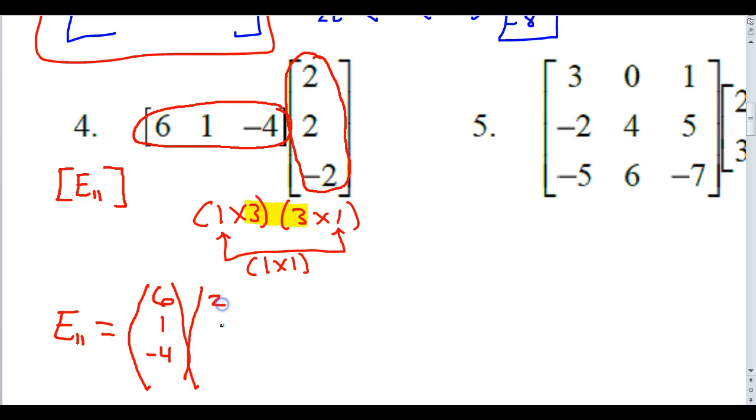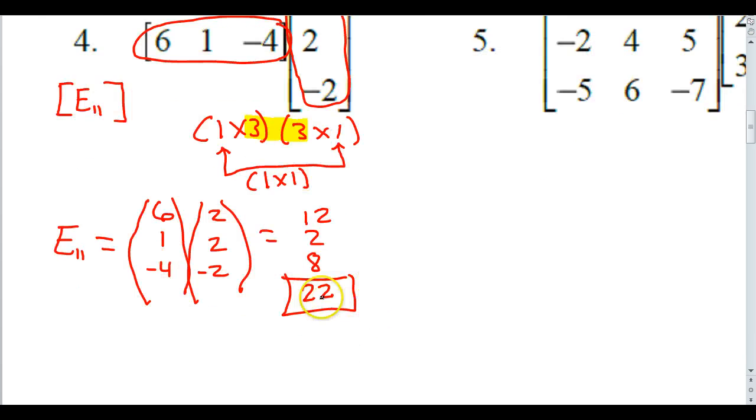Column 1 is 2, 2, -2. That's going to give me 12, 2, and 8. 8 plus 2 is 10, plus 12 is 22. That is the 1 element answer.